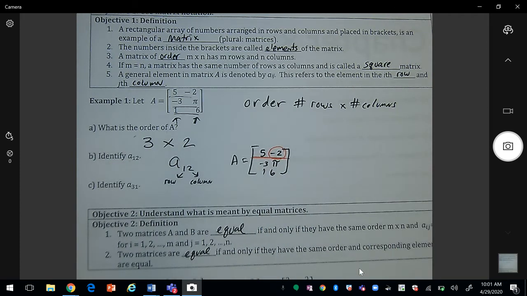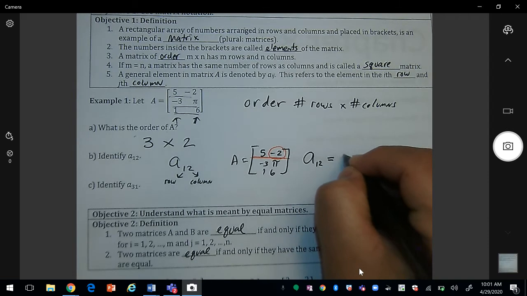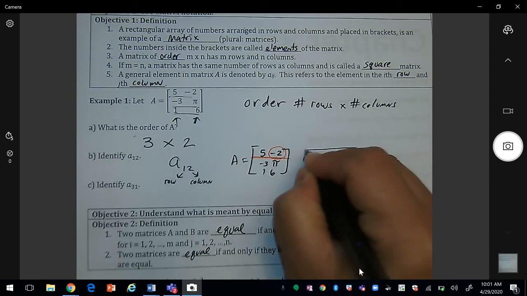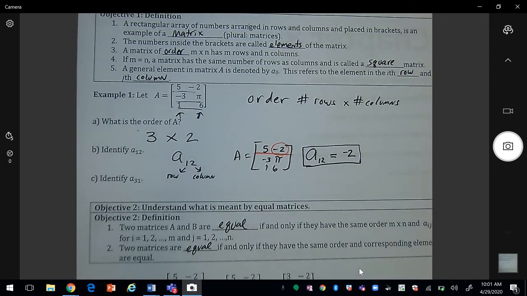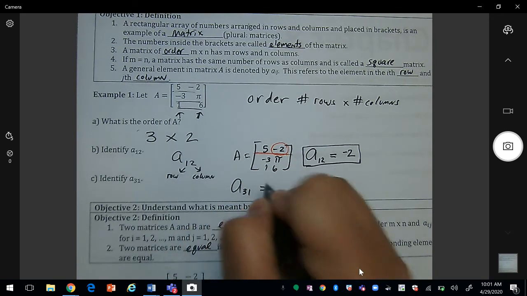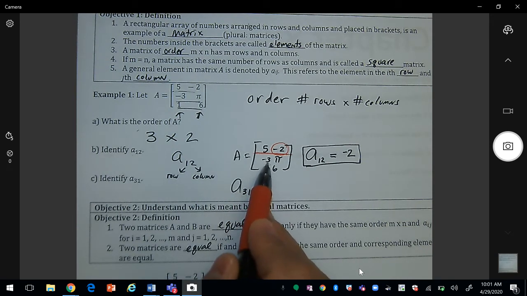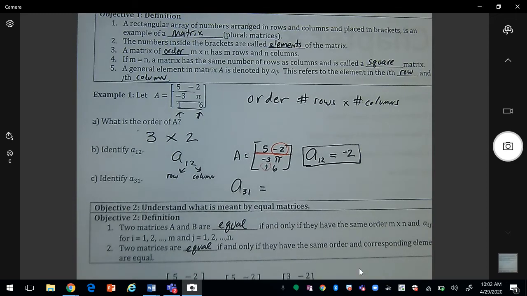We can see it's -2. So the way we write this is A12 is equal to -2. Identify A31. In this example, we're looking at the third row, first column, which would be 1.